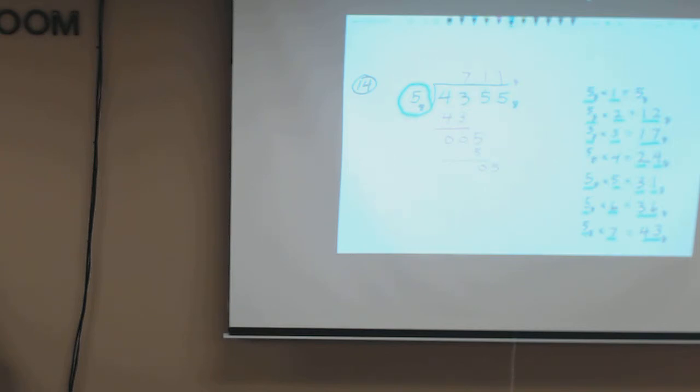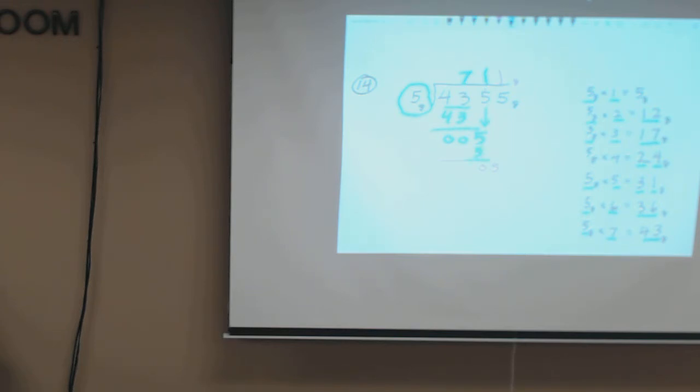I'm dividing 5 into 4355. I'm going, hey, 5 goes into 43 7 times. And 5 times 7 is 43. Draw my line and subtract. And bring down a 5. And 5 goes into 5 one time.